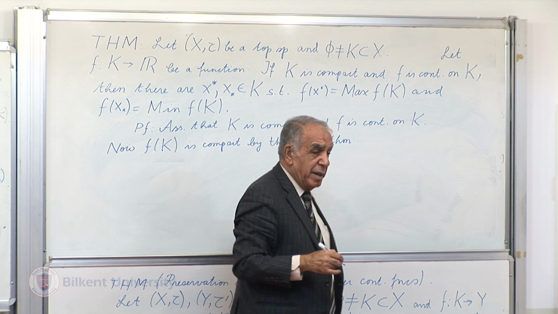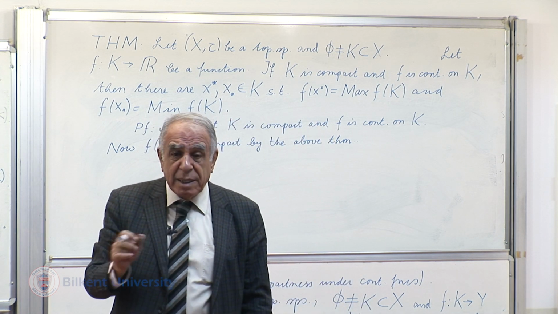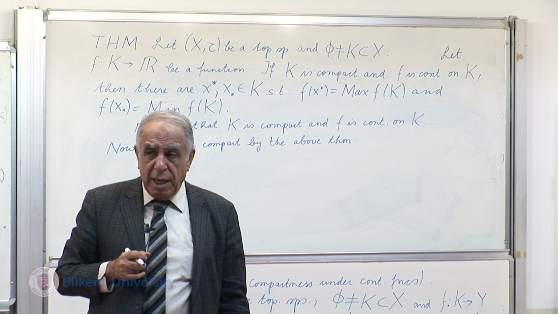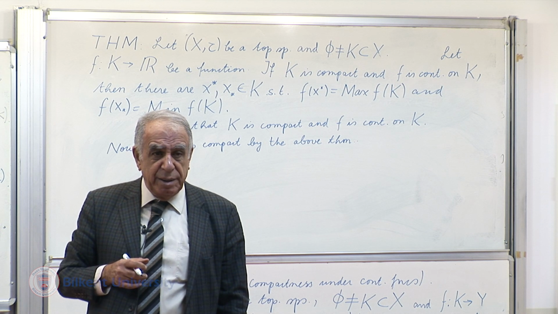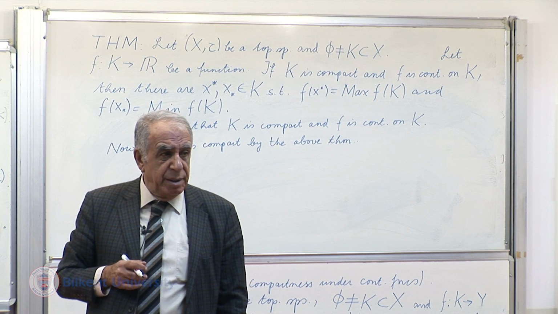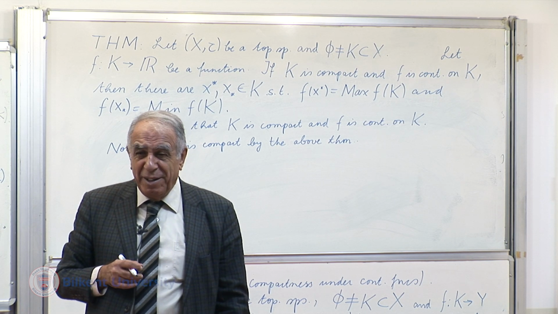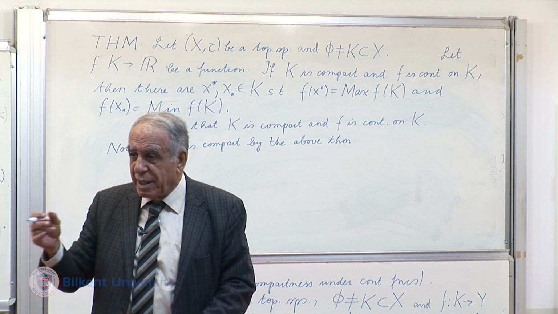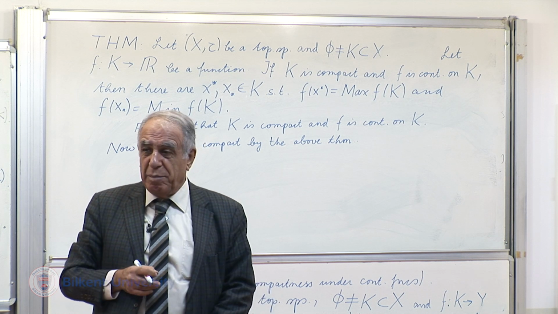Well, if a set of reals possesses a maximum and a minimum, then it has to be bounded. Is F of K bounded? Where do we know that? From Heine-Borel theorem. F of K is a compact subset of R, which is a Euclidean space.